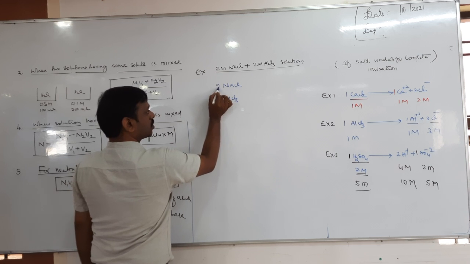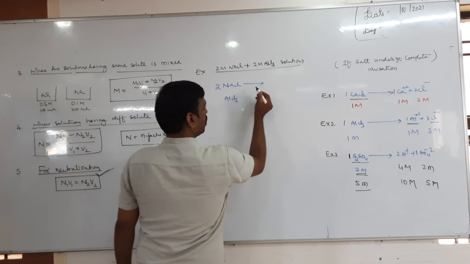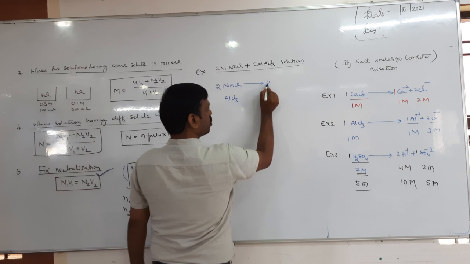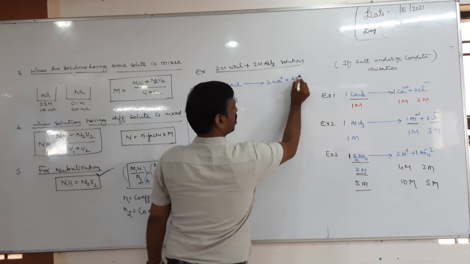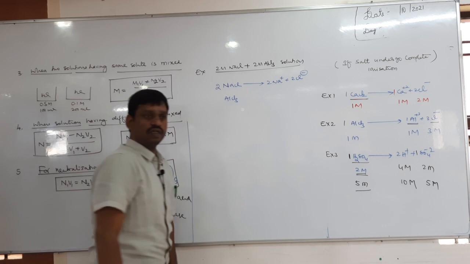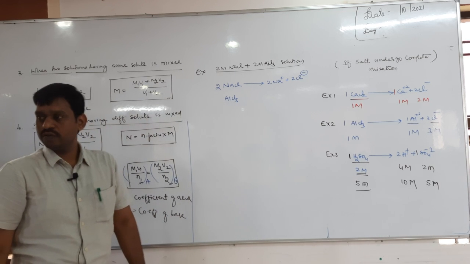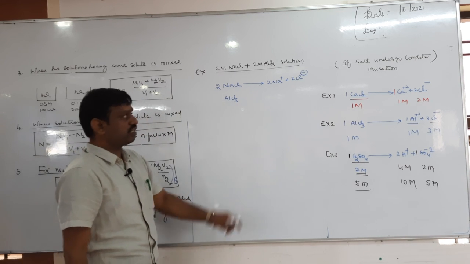NaCl 2 molar. 2 molar NaCl gives 2 molar Na plus ion and 2 molar Cl minus ion, right? Yes or no? Then what about AlCl3?